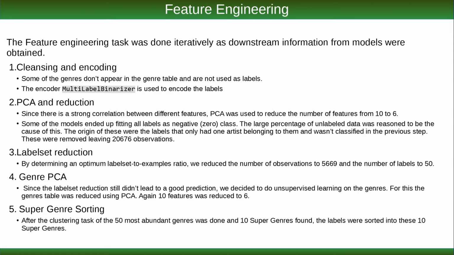In order to do the genre super clustering, genre PCA was done. Again, the features were reduced from 10 to 6. And after the super genre clustering was done, the sorting of the labels into these 10 super genres was done.